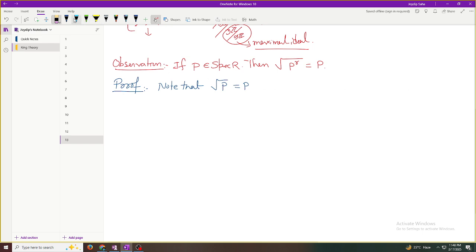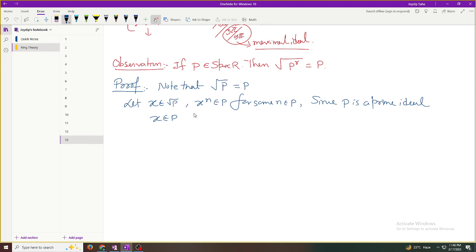Okay, now I have to write the other side. Let x belong to root P. Then what happened? X to the power n belongs to P for some n. Since P is a prime ideal, x belongs to P. Done.